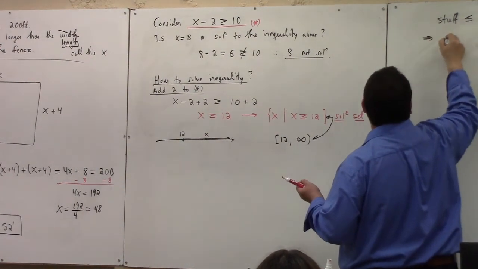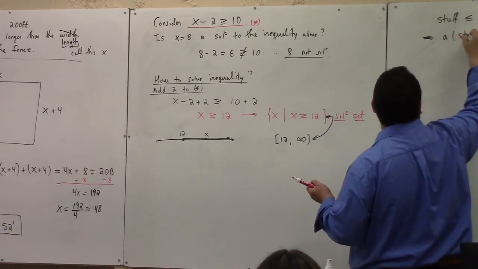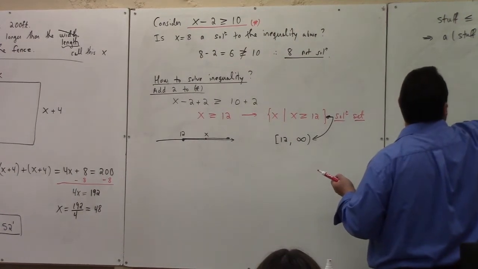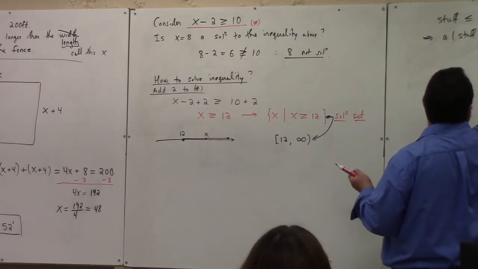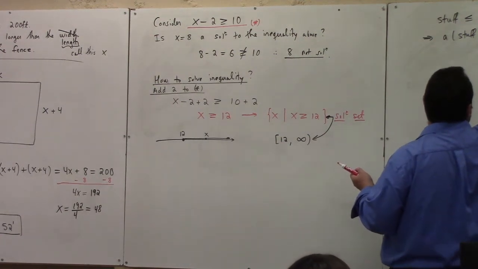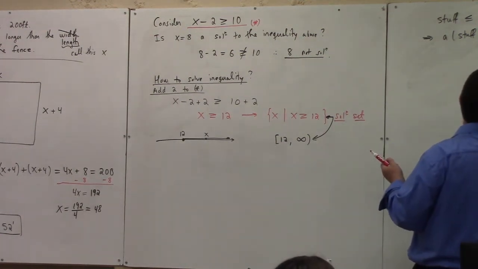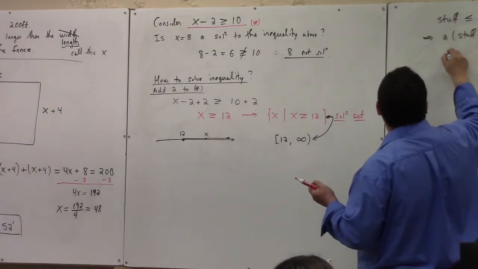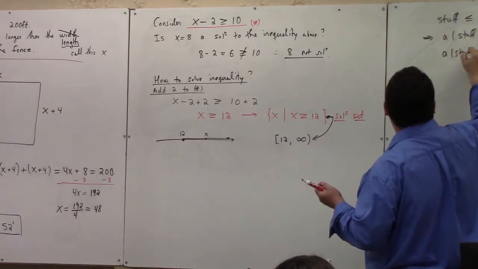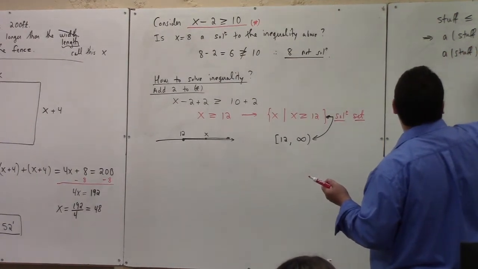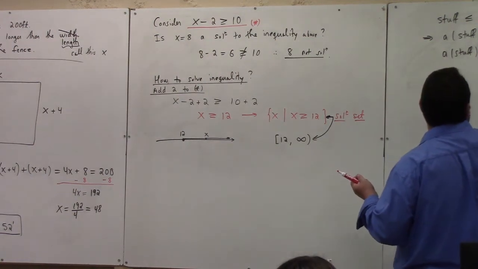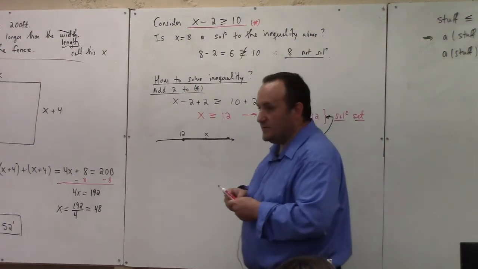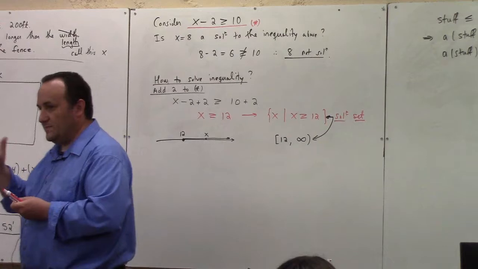That implies that A times stuff is less than or equal to A times Bob, provided that this number A is positive. However, it implies that A times stuff is greater than or equal to A times Bob if A is less than 0. So the basic principle here is multiplying by a negative number flips the inequality.